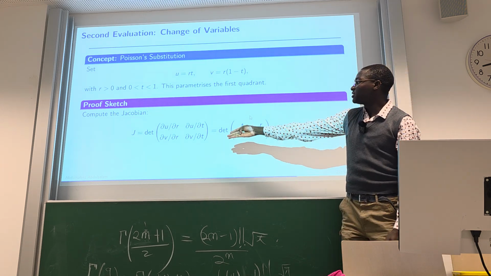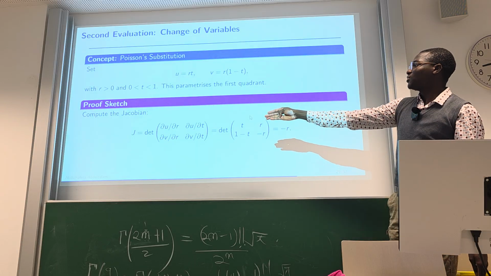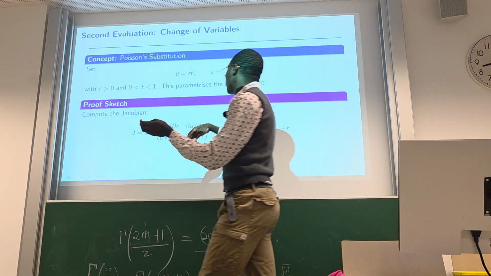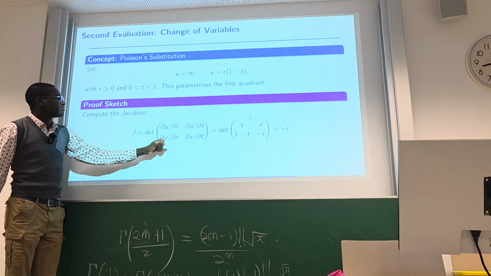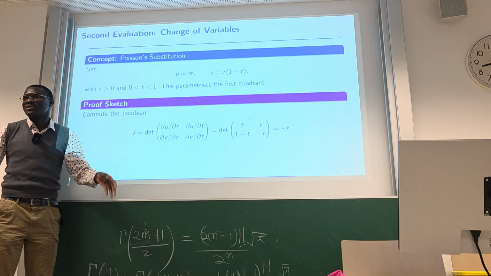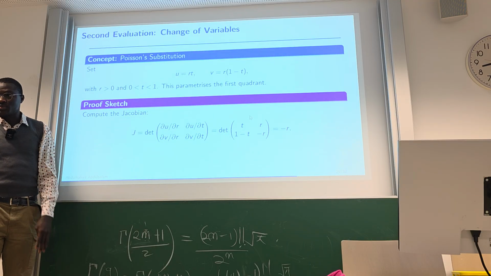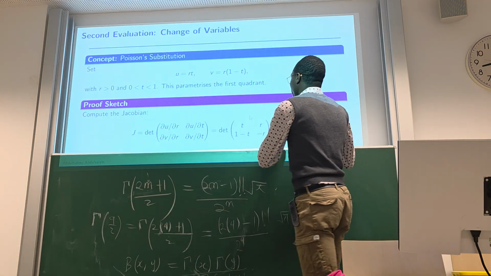It's a simple thing, the determinant of these partials, okay? Just do the partial of u with r, partial of u with t. And, well, it doesn't matter. You could have your u here, you could have the v here, or your u here with t and the v here, because the determinant remains the same on the transpose, okay?